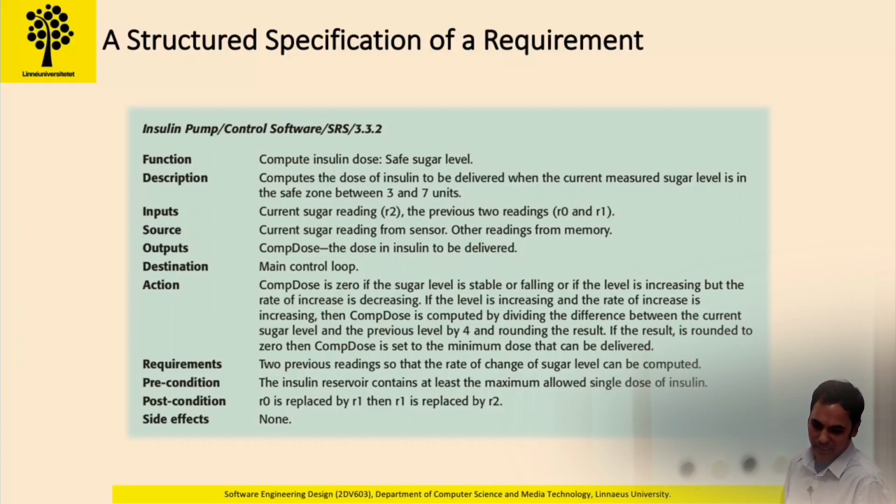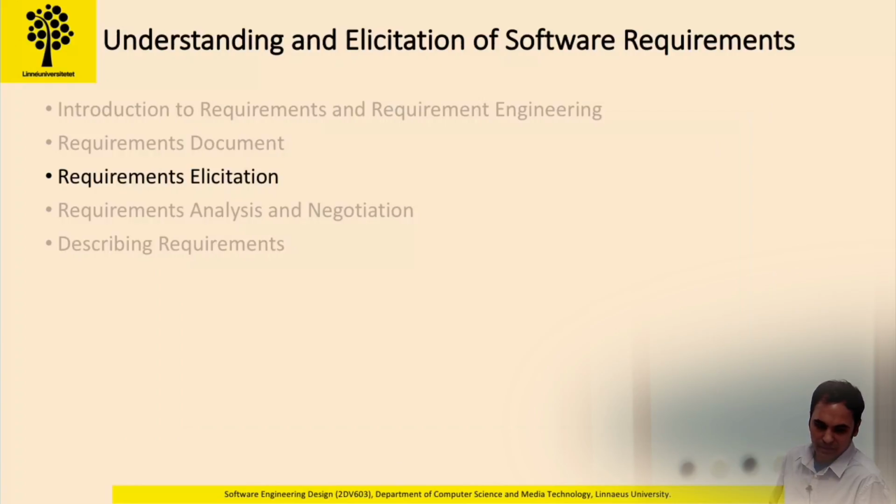After this action is done, it will basically replace R0 by R1 and R1 by R2. So it will forget about R0, that was the input, and now it will consider R1 and R2 as the new input. In this way, requirements are specified. This is also an example of structure, of how a specification of a requirement can be done, compared to the previous two structures that I showed. So this was all about the requirements document.